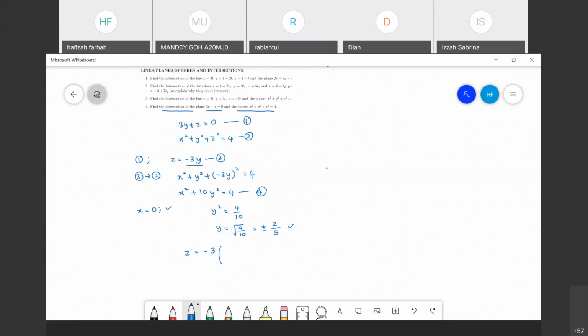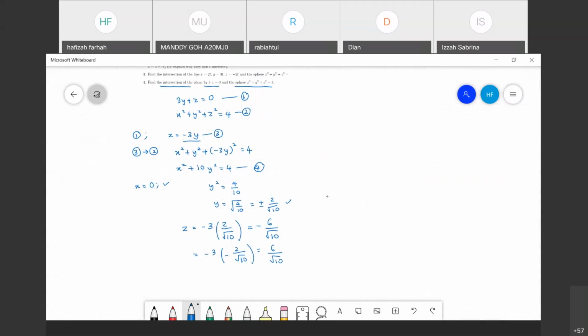First we try to solve the positive, which is 2 over square root of 10. So it can be negative 6 over square root of 10, or it can be negative 3 times negative 2 over square root of 10, so we have 6 over square root of 10.